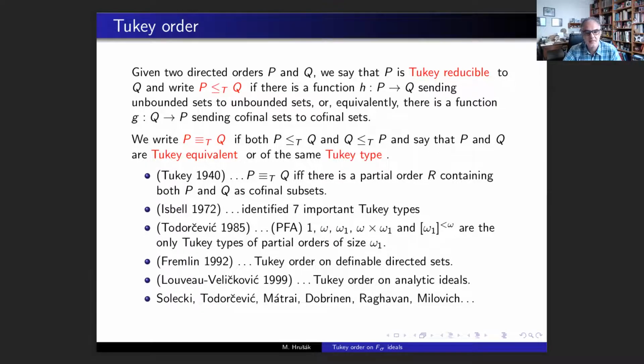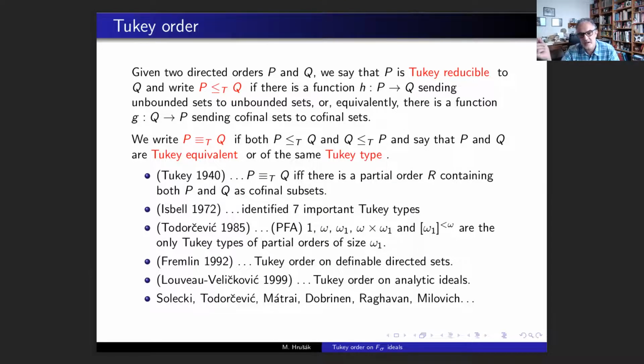Now, much of the early work on Tukey order was dedicated to classifying these cofinal types of small cardinalities. If you think about countable types, then there are only two.